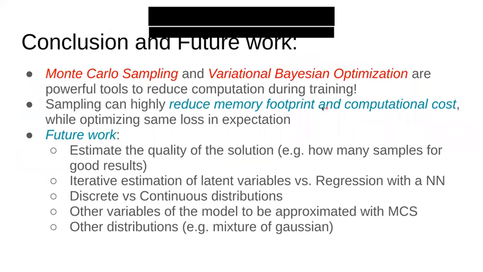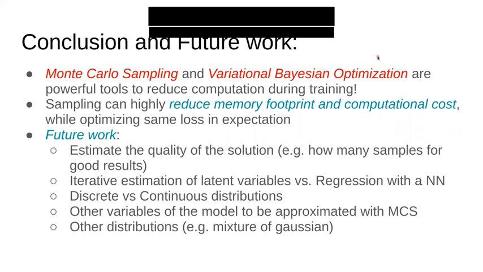With this, I'm finished. So to summarize, what I wanted to present and to tell you today was that Monte Carlo sampling and also variational Bayesian optimization are powerful tools to reduce computation during training. In practice, with sampling, we can reduce the memory footprint and computational cost of training deep learning models.